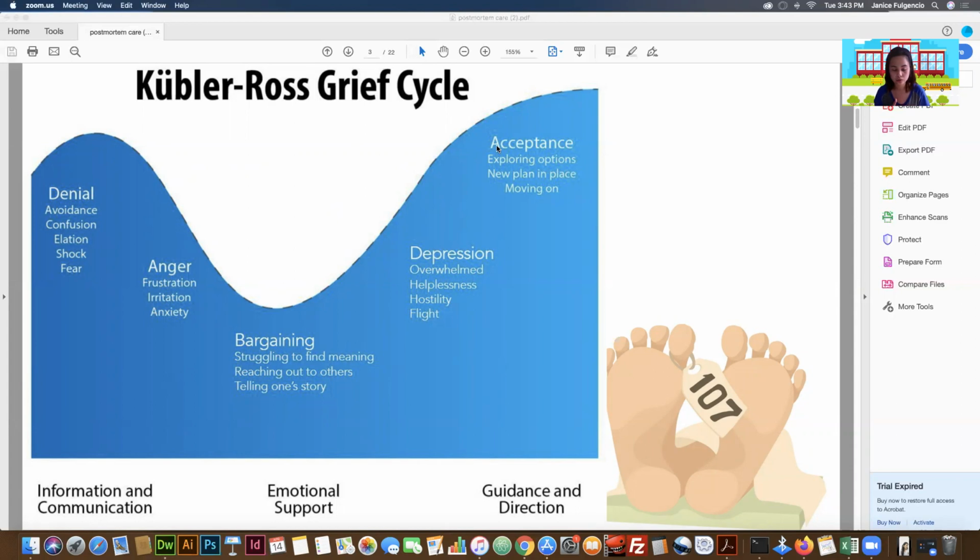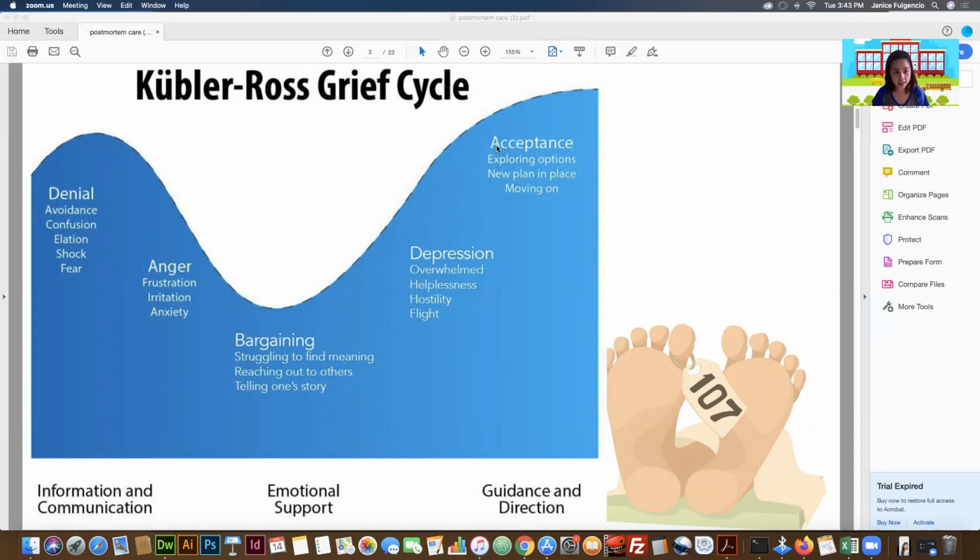So if your patient or relative tells you, "I already accepted the situation," that person is not being truthful, because he or she needs to undergo first the denial stage, then anger, until acceptance. This will be the cycle.